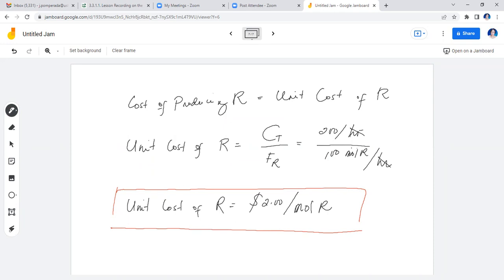And since we already have the per hour basis, this is now the unit cost of 1 mole of R.